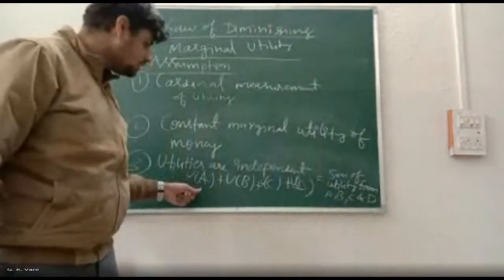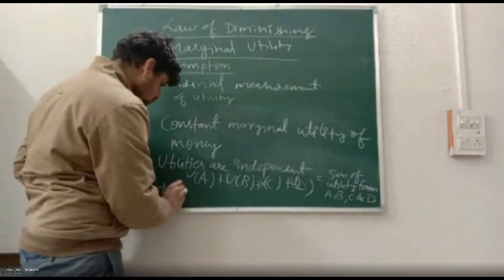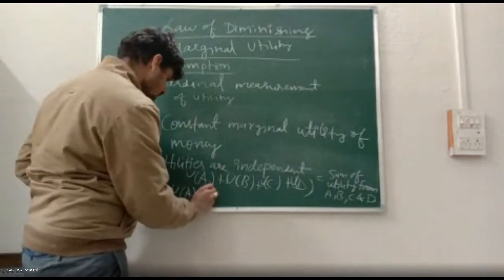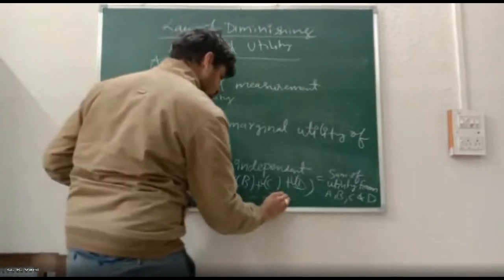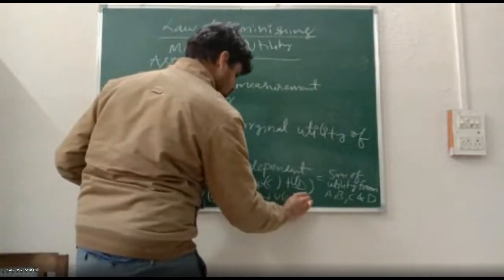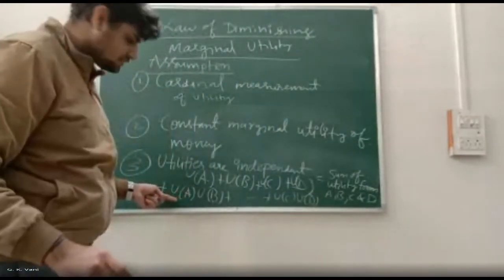If they are not independent, then there would be some cross products, UA, UB and so on up to UC, UD, and higher order interactions also. I am just writing first order interactions.